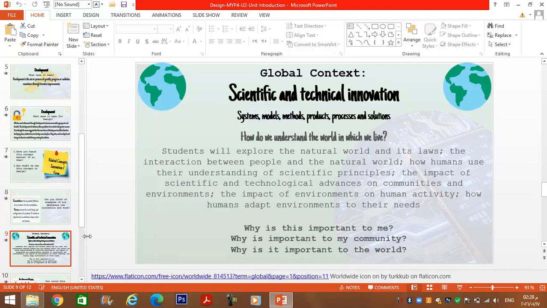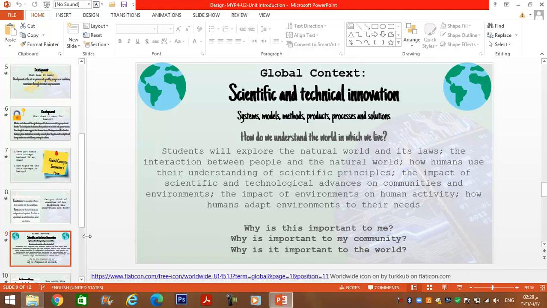Then the third part is the global context, scientific and technical innovation. It's about systems, models, methods, products, processes, and solutions. It's very important to know this to answer the question: how do we understand the world in which we live? Students will explore the natural world and its laws, the interactions between people and the natural world, how humans use their understanding of scientific principles, and the impact of scientific and technological advances on communities and environments.